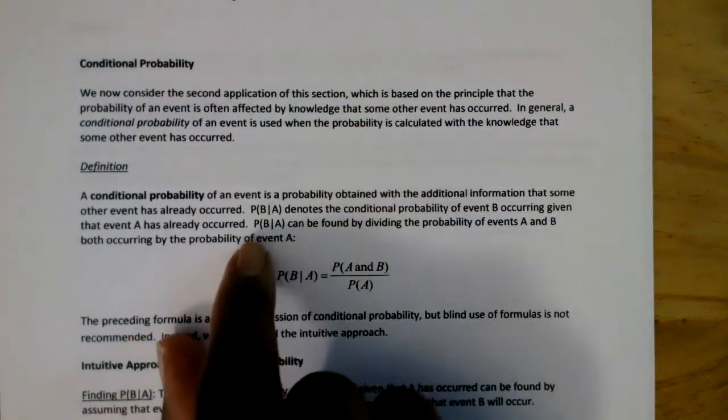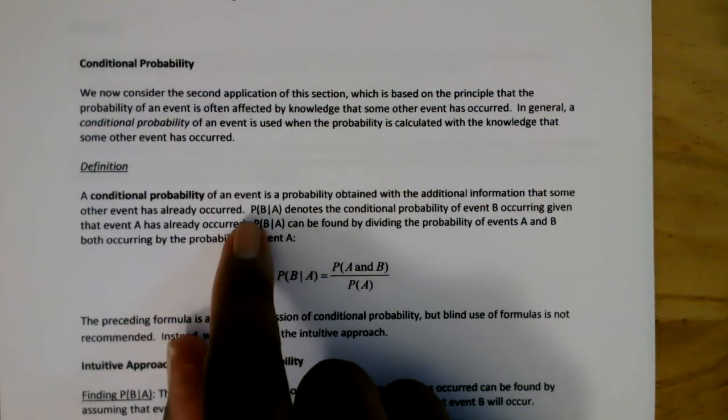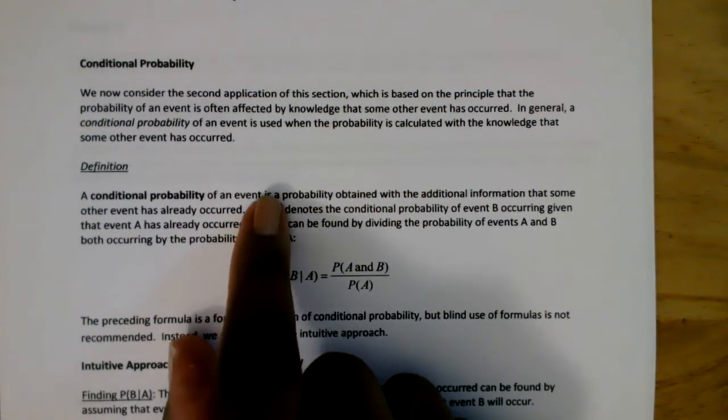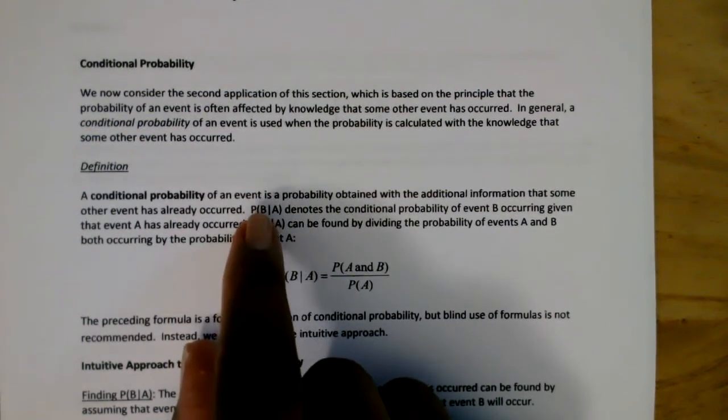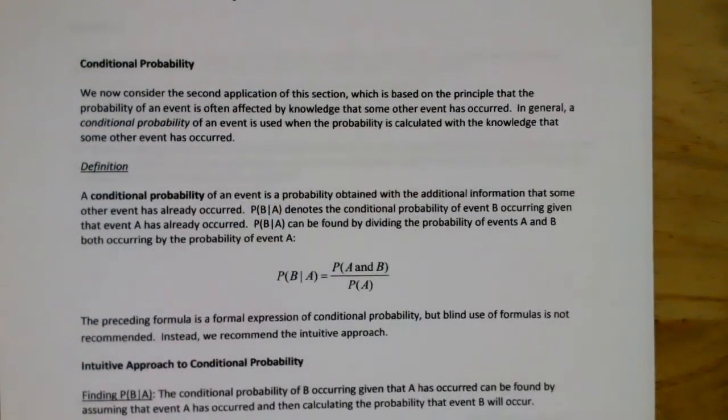We denote that with P, then B, then a vertical bar, and then A. That denotes the probability of event B given that event A has already occurred.